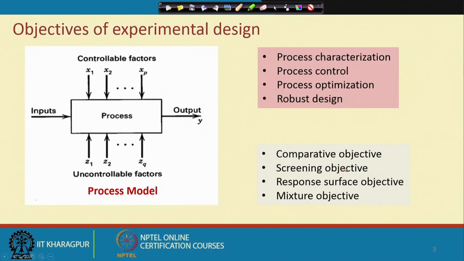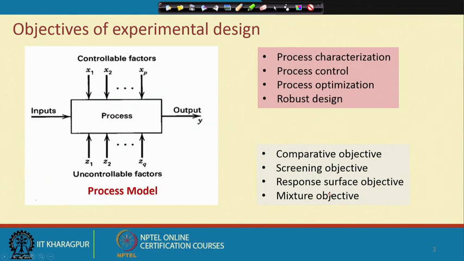Then the screening objectives: there may be some factors which contribute insignificantly towards the behavior of the response variable. Those will be screened out for subsequent analysis and decision making, and that is why this is known as screening objective.